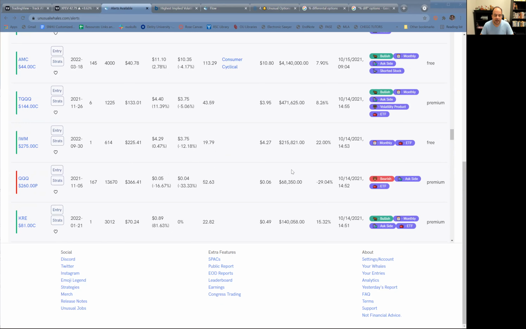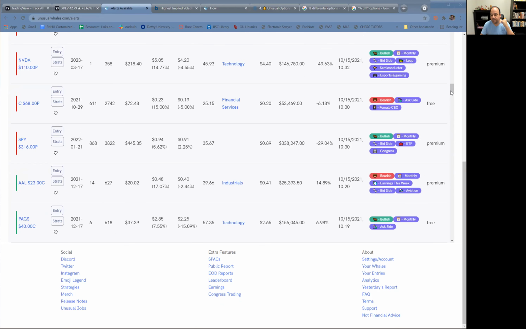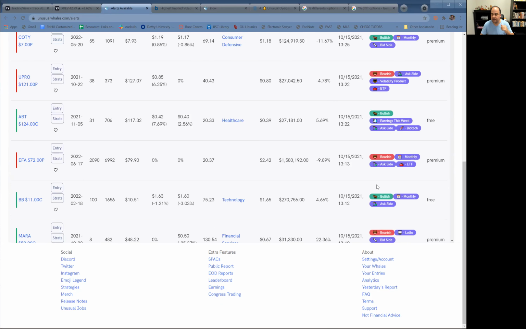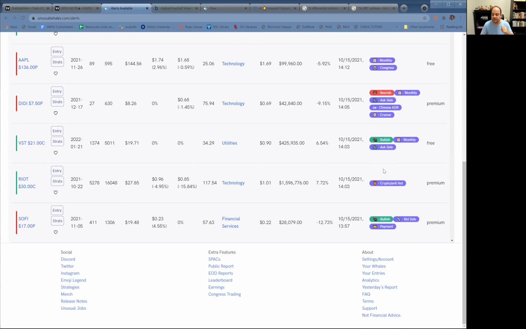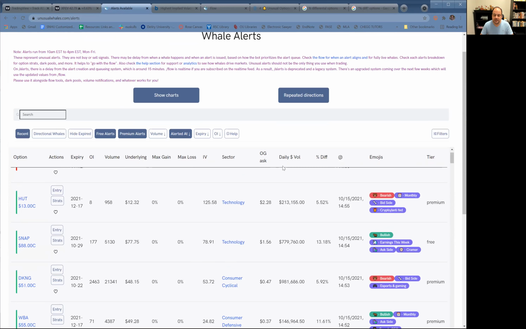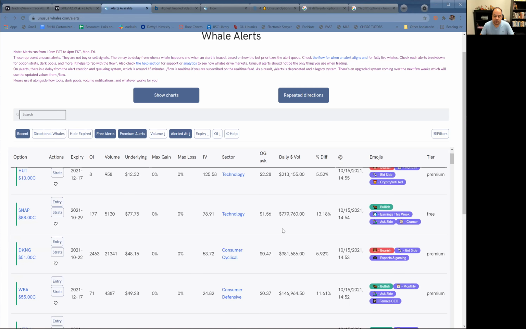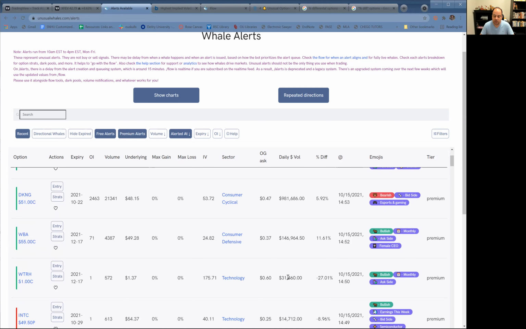Now the next thing I look at is the volume. That's in this column. Let me go to the top. Okay, so that's in this volume here, and I look for a volume over 100,000. I want to find options that have a lot of buying power behind them, and some of the alerts are really small, like this one's 31,000.